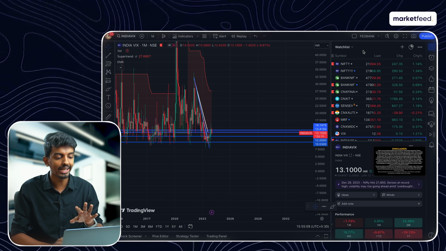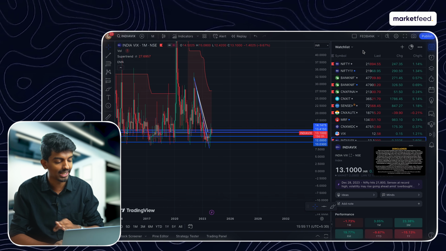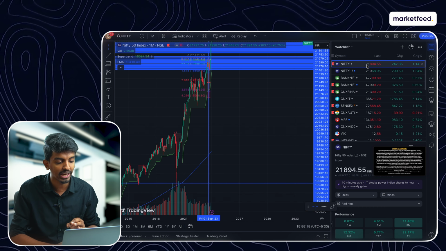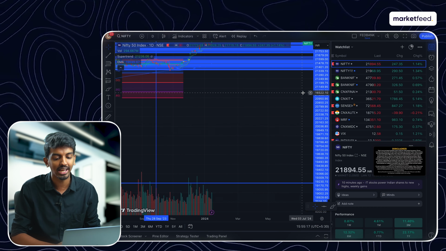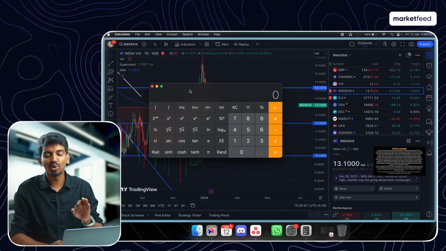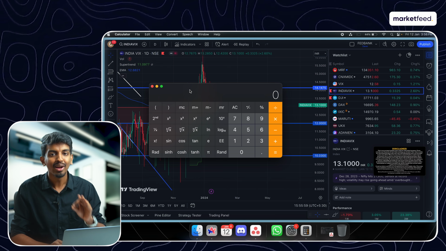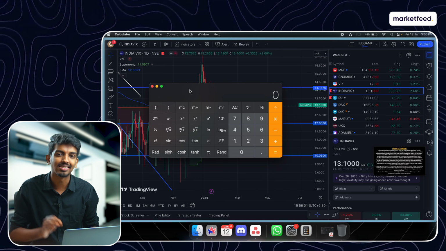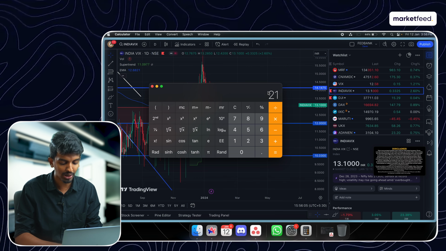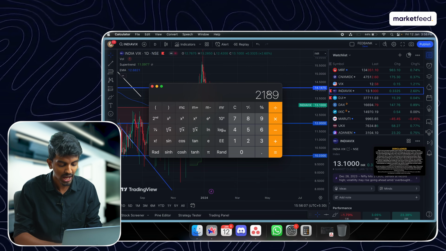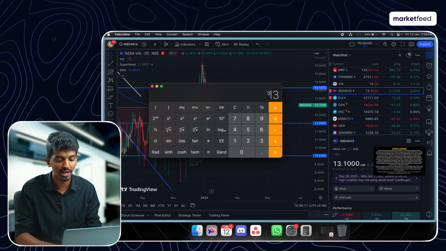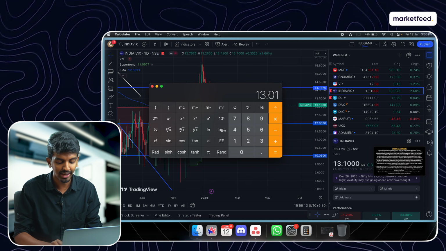So India VIX currently, as of today, is trading at 13, and the index spot has hit an all-time high today. It is trading at 21,894. So we'll quickly open the calculator here. Let's look at what India VIX is indicating for the Indian markets over the next year. The index spot right now is at 21,894, and the simple thing we have to do is multiply it by the VIX value and divide it by 100.